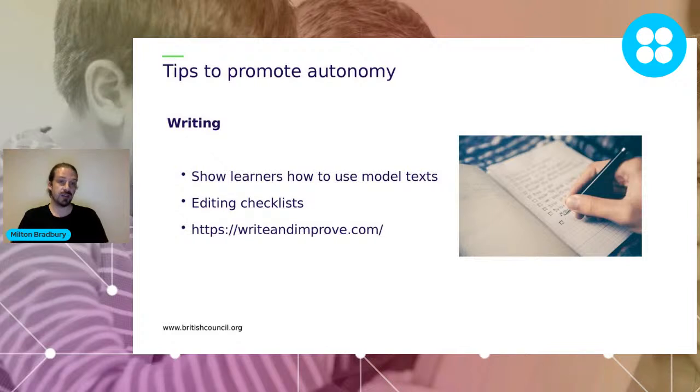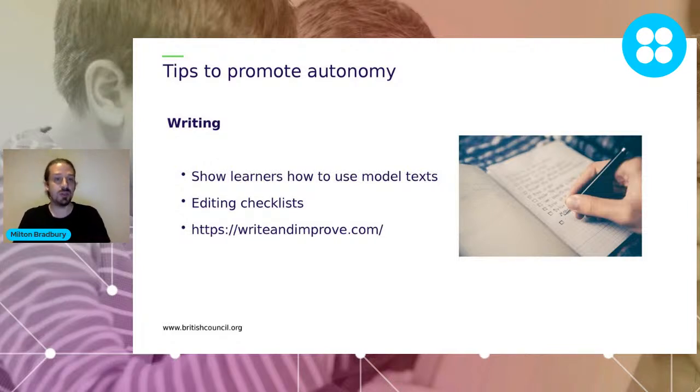Editing checklists, okay? We mentioned how it's very important that learners are able to evaluate themselves. And one way to do this with writing, because students may not be able to correct their hypothetical language if they are A2 learners, because they haven't reached that stage yet. So they may not be able to do that.